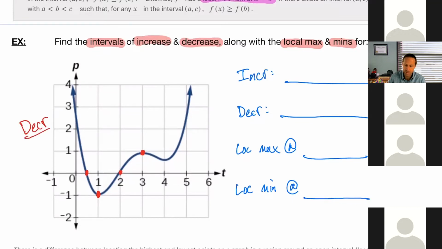Very good, because although this looks like it's going up, we are going from left to right on this ride. So it decreases until when? Is it this point, where it crosses from my positive y's to my negative y's at the x-axis? No. So that's why I don't really care about those zeros, our x-intercepts, just yet. I know it decreases on all of this until I get to that value.